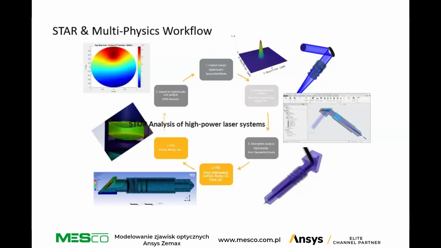Then you will run your FEA analysis or performance there. And with this data, you will import it via the STAR module within Optic Studio. There you will be able to see how this thermal effect or structural effect affects the performance of your optical system.